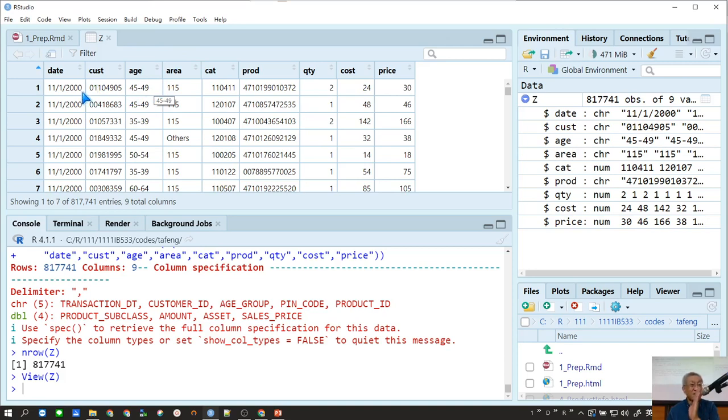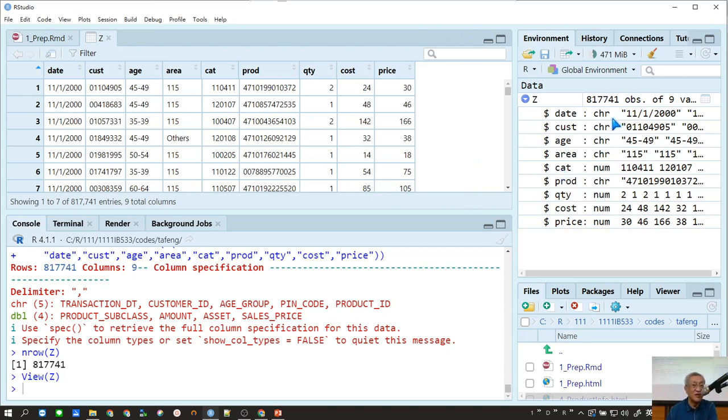So this is actually transactional data, okay? Every record is a transaction item. This is the transactional data of that Tafang retail store, okay?